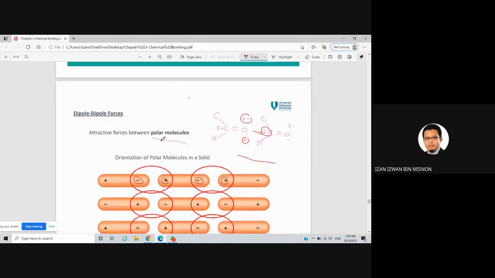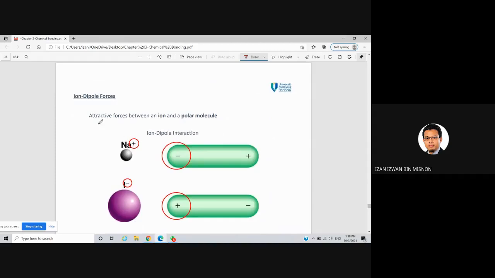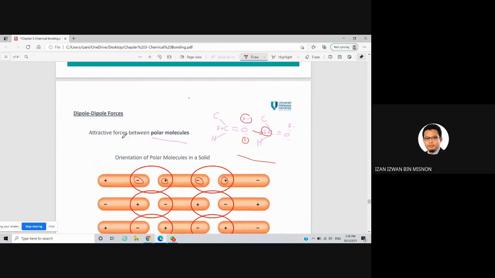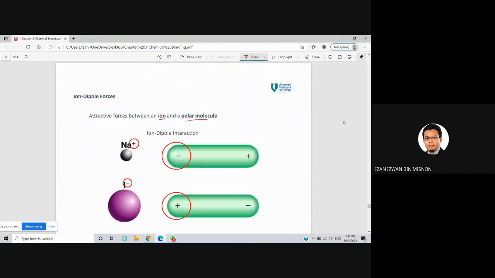Since this one is dipole-dipole, we have another one, the ion-dipole force. This is the attractive force between an ion and a polar molecule. The first one is the attractive force between polar molecules, and the second one is between an ion and a polar molecule. Let's say we dissolve sodium iodide.